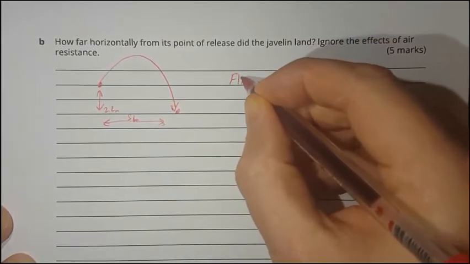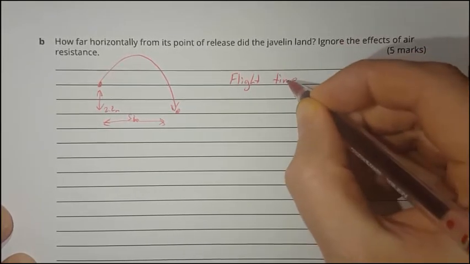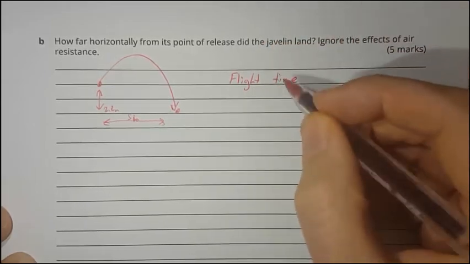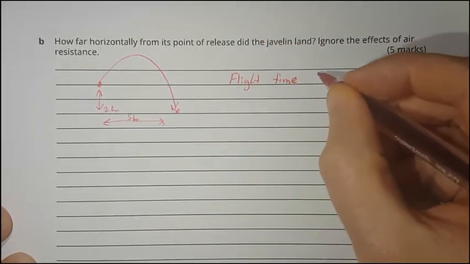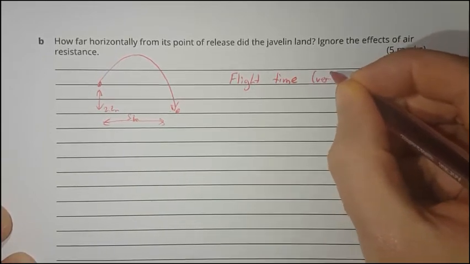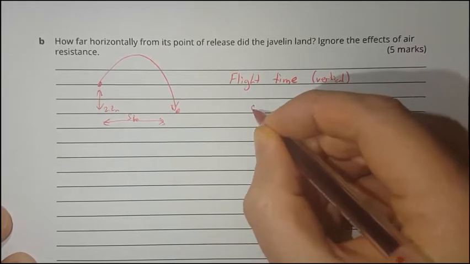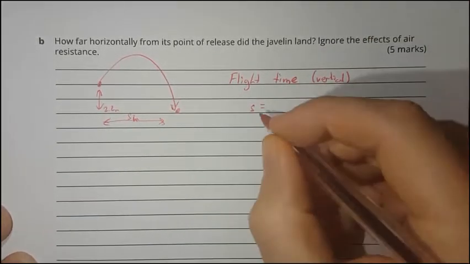So, flight time. Now, you'll find some solutions, even the Pearson solutions for this exam, break it into two parts, which is just a waste of time, there's no need. So we want to work in the vertical domain. For vertical distance, I'm saying downwards is negative. You can say upwards is negative, it doesn't really matter.